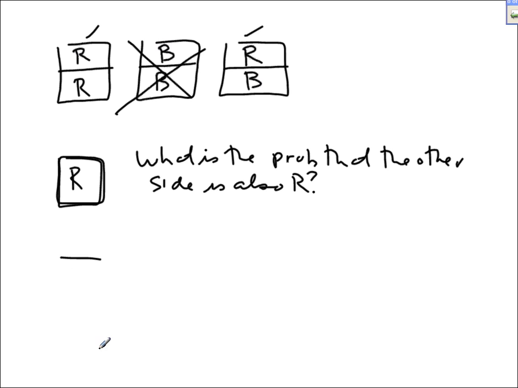So there are 2 cards, and they're going to say, well, if I see a red, then yeah, the other side is going to be red. If I'm seeing the red, the other side is not red. 1 out of 2. They would think that it's 50-50.